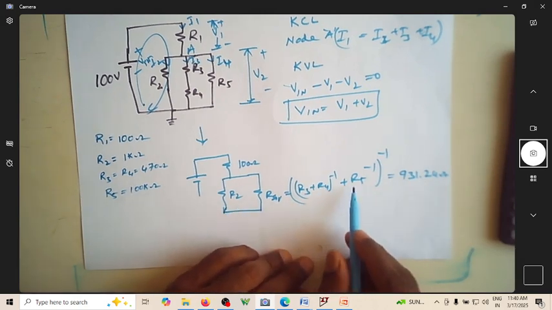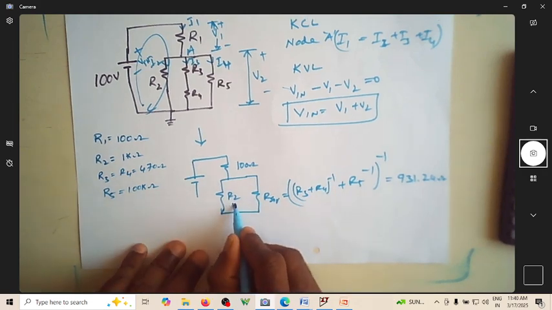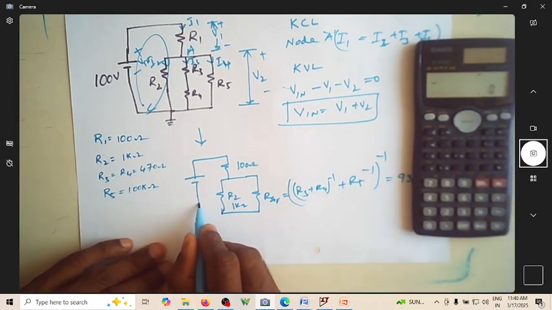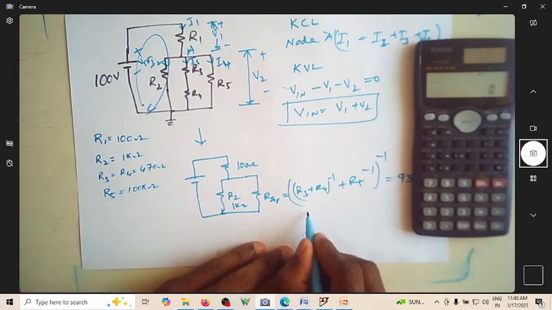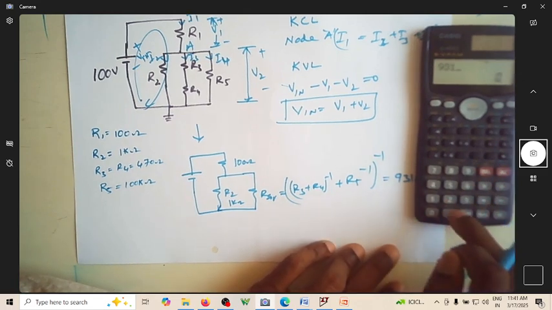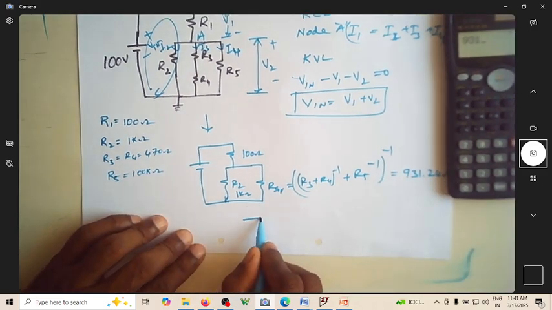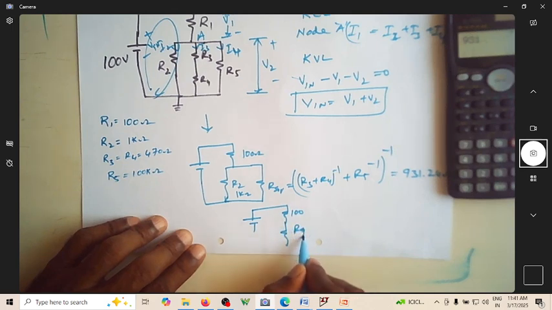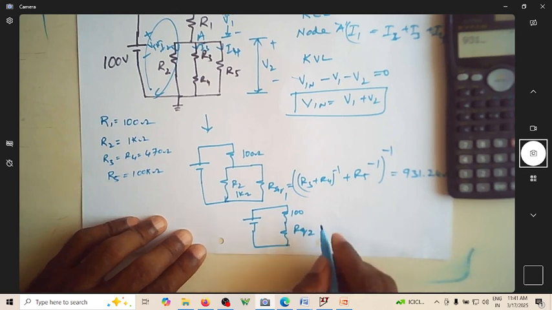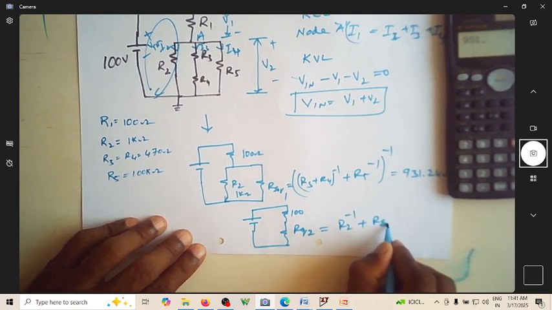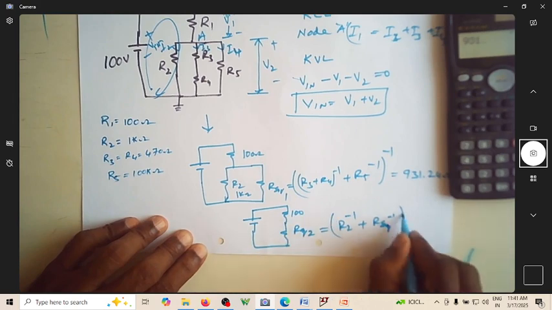Now that is in parallel with R2, which is 1 kilo ohm. Let me call this R equivalent 1 and the result R equivalent 2. So what is R equivalent 2? It's R2 inverse plus R equivalent 1 inverse, whole inverse.